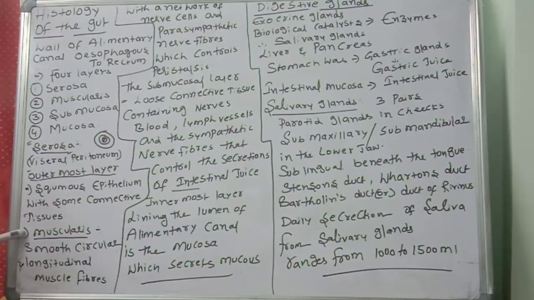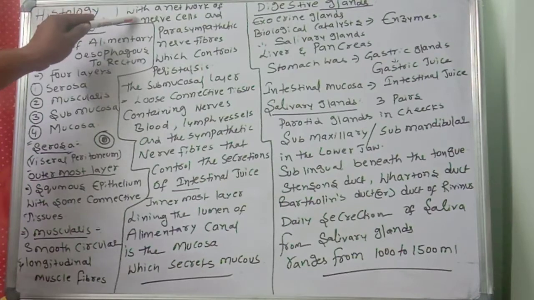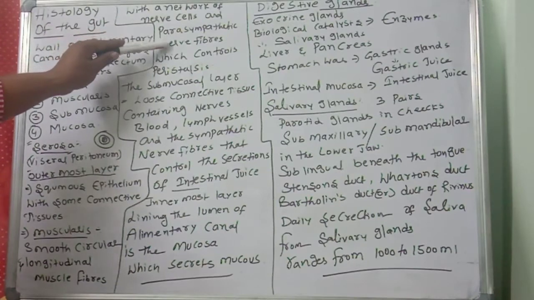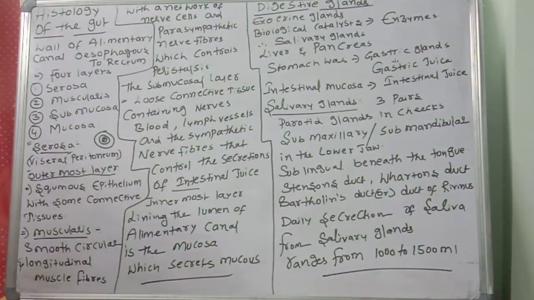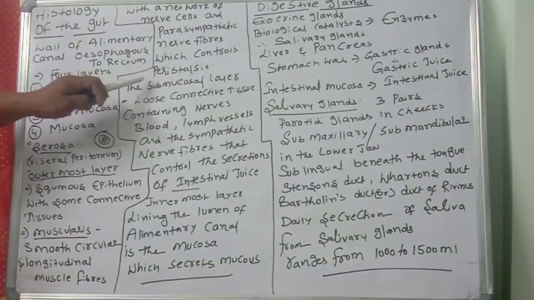Next is muscularis, the second one. It has smooth circular and longitudinal muscles. Circular muscles are there, and longitudinal muscle fibers are also there, with a network of nerve cells and parasympathetic nerve fibers, which are helpful for contraction and regulation. The parasympathetic nerve fibers control peristalsis.